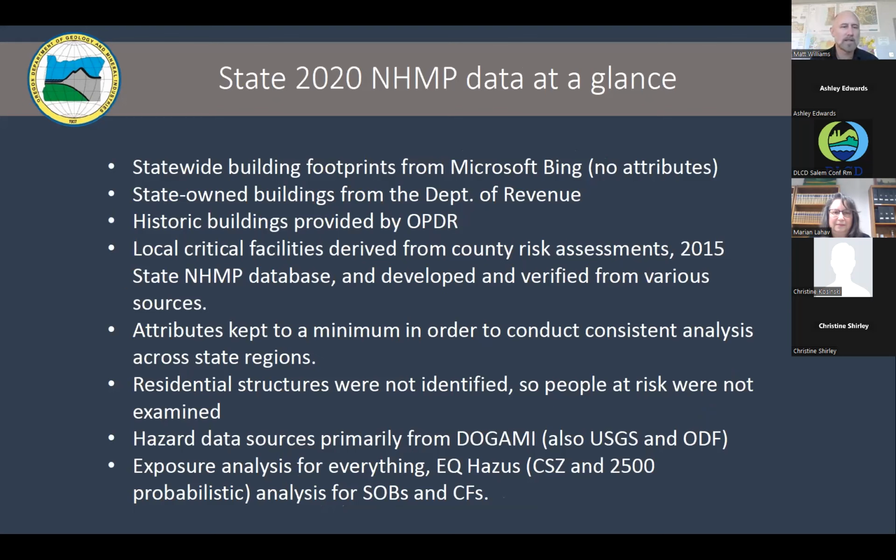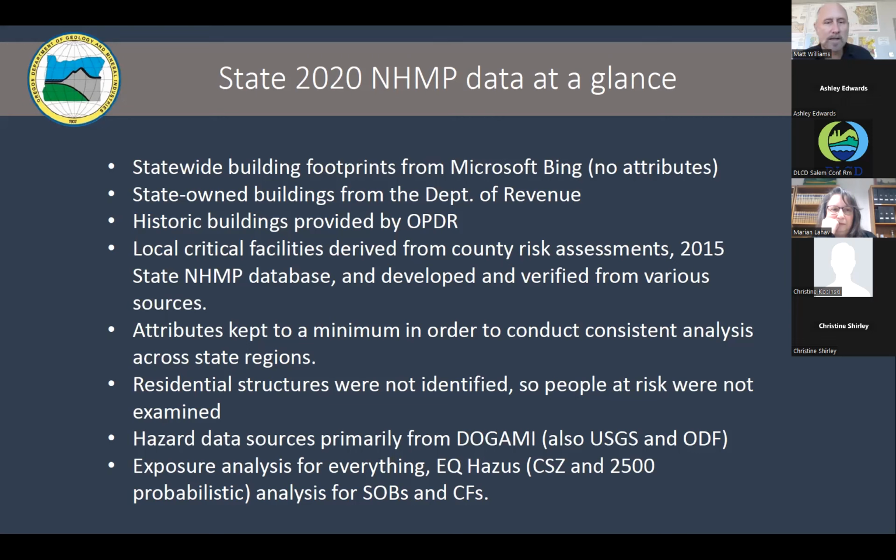So we did this just a few years back. I'm just going to go over what DOGAMI contributed to this effort last time. One of the main data sets that we had to work with is building footprints for the whole entire state.